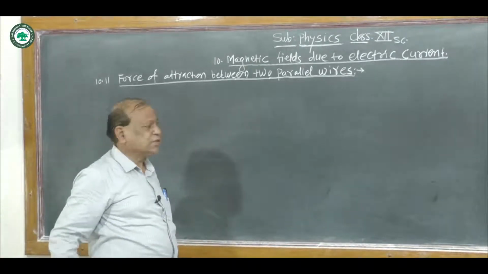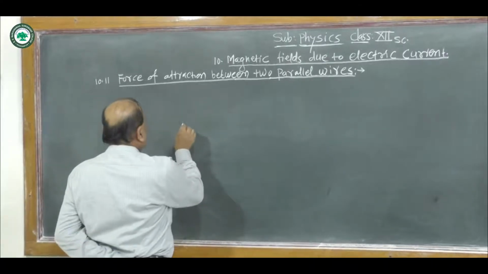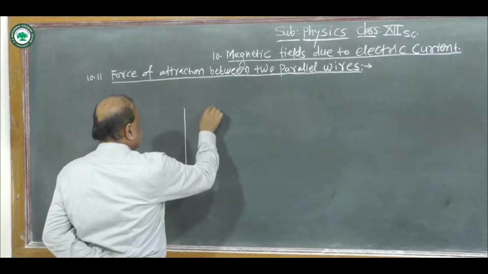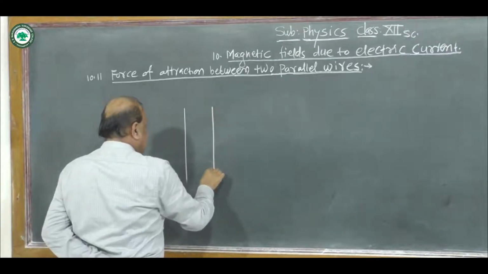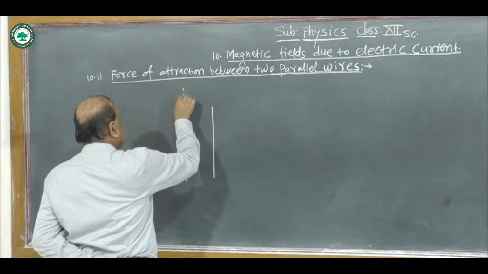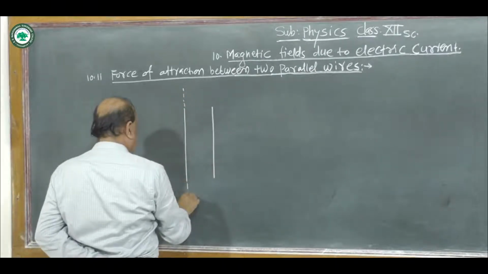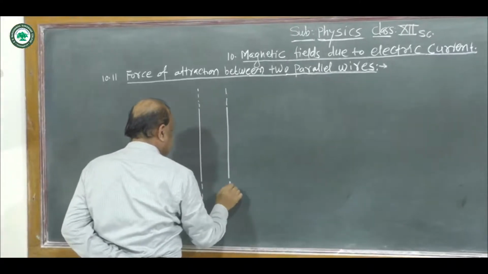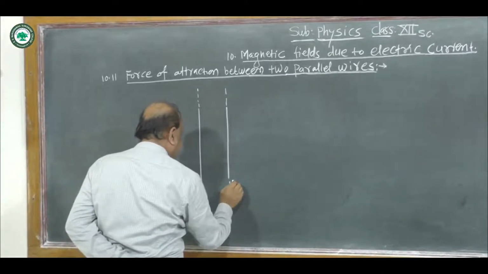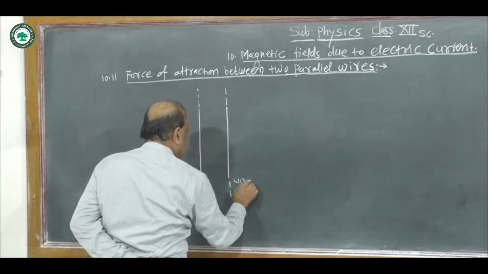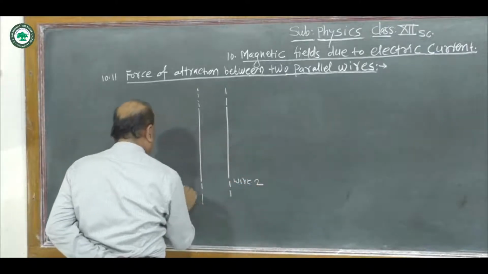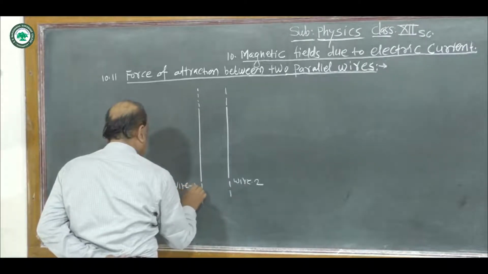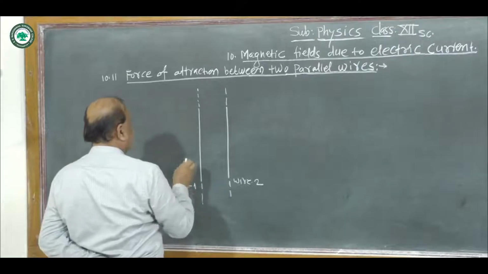For that purpose, here we consider two conducting wires. These wires are infinitesimally long conducting wires. This is wire 2 and this is wire 1.